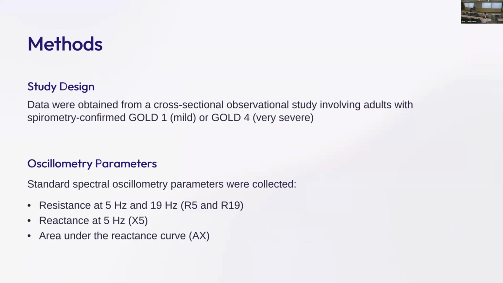We used data from an observational study involving adults with GOLD 1 and GOLD 4. For the oscillometry parameters, we gathered the general parameters: resistance at two different frequencies, reactance, and AX.